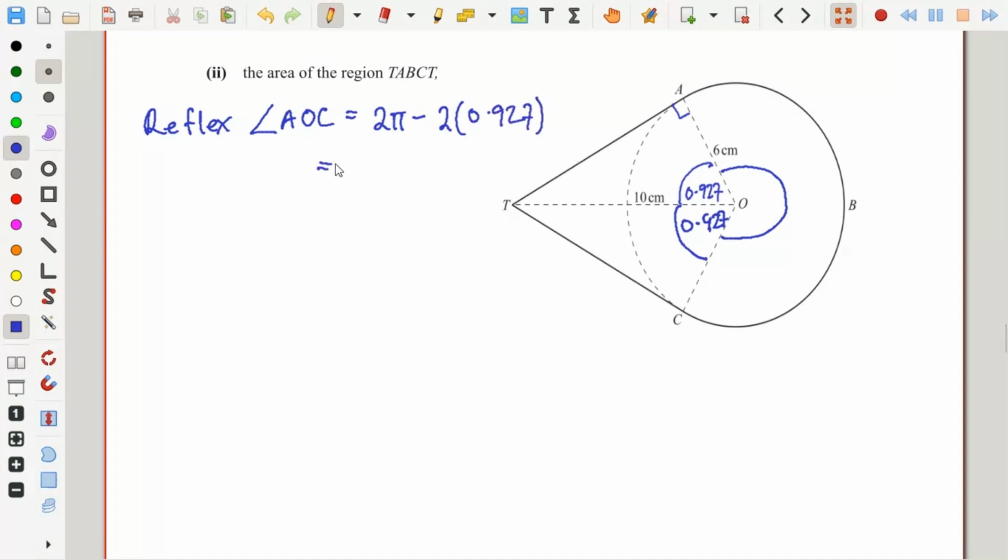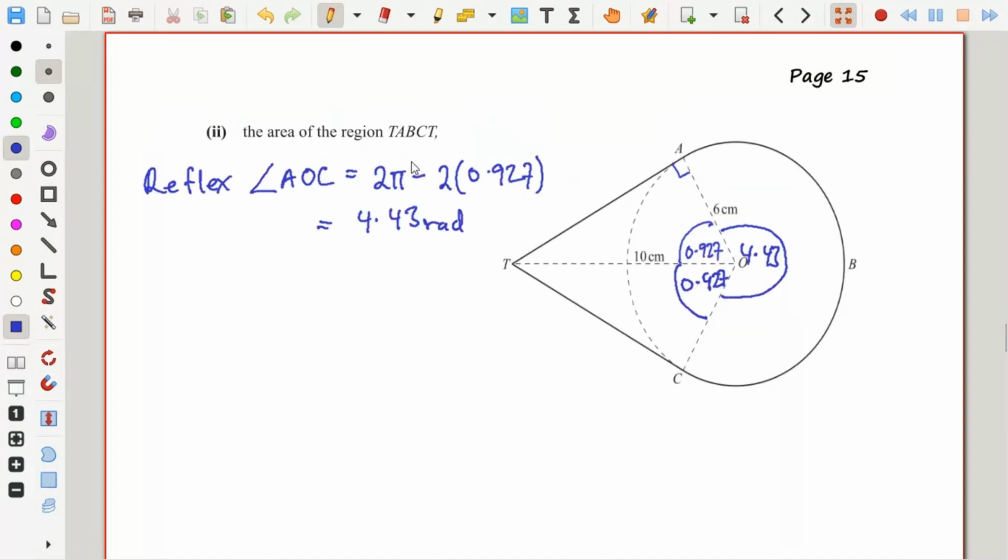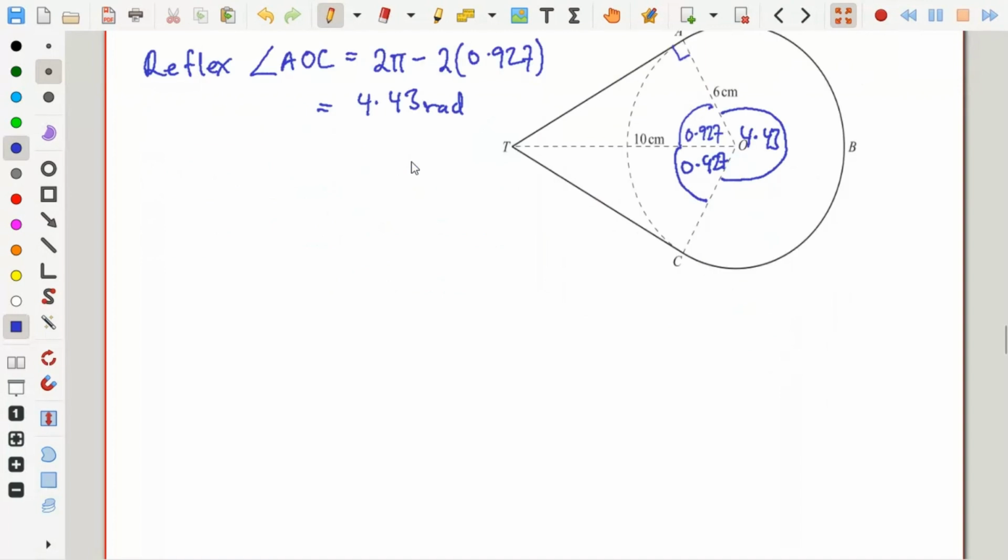So when I solve this, I am going to get 4.43 radians.